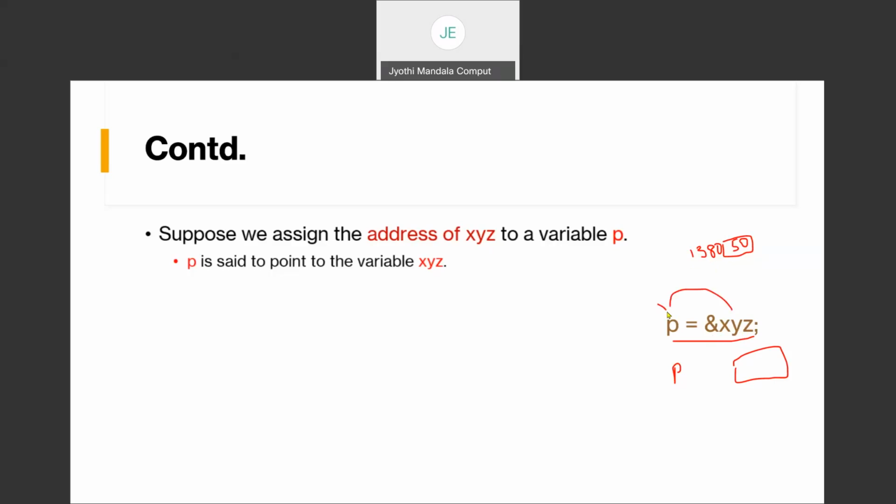That will be stored in P. That means in this memory location, we will be storing the address of XYZ. Got it, all of you? This is how you can assign the address of a variable to a pointer variable called P, and that can be done by using the ampersand operator. The ampersand operator can be used, and ampersand XYZ is nothing but the address of XYZ. Right?